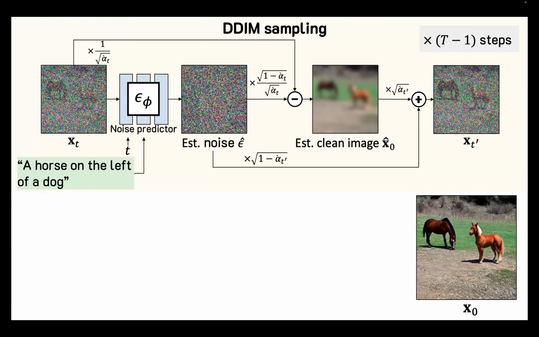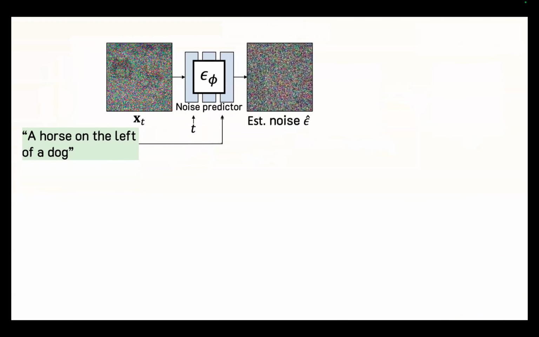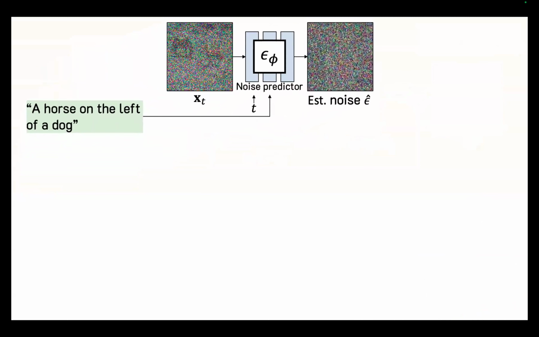The problem is that we're trying to test the functionality of the model. You see that there's a horse and a dog, but there's no dog here, right? So why is the dog missing? The reason is that most text-to-image generative models use something called cross-attention. Let's recap what cross-attention is and how we can fix it.